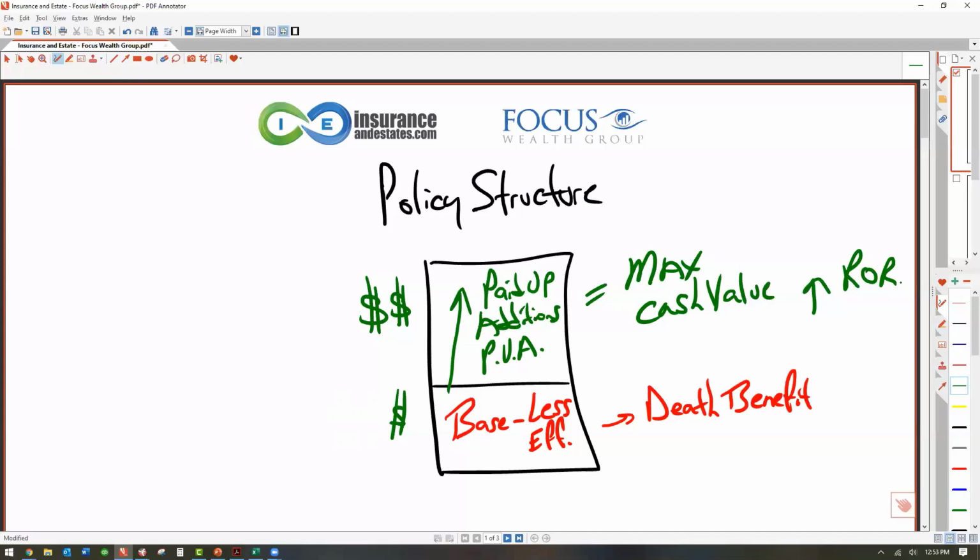Those market-based investments, qualified plans, lock up your money, usually until you're 59 and a half, so you don't have access to those funds. Whereas if you're putting extra cash in a paid-up additions rider, that cash is liquid, you can use it throughout your life, and you're earning a 5% return.